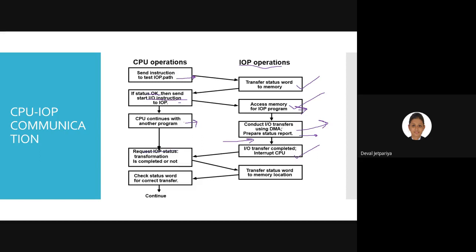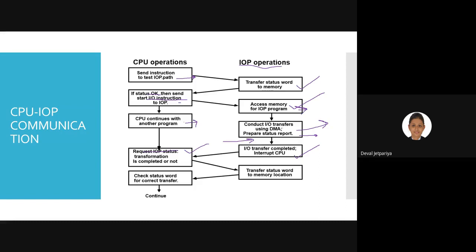So whenever the IOP has prepared a status report, it will generate an interrupt towards the CPU. The CPU will get that status report with the help of a read command, and that read command will read the status report generated by the IOP.